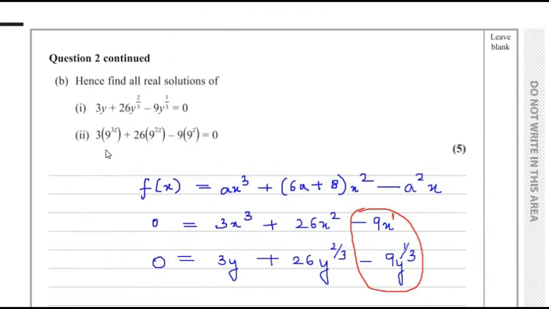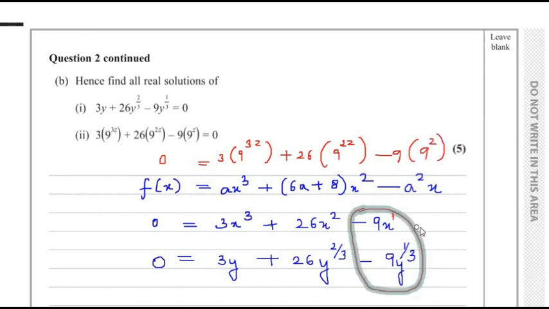So let me write down the f of x, and here again we are going to compare it and write it as 0 is equal to 3 times 9 to the power of 3z plus 26 times 9 to the power of 2z and minus 9 to the power of z.